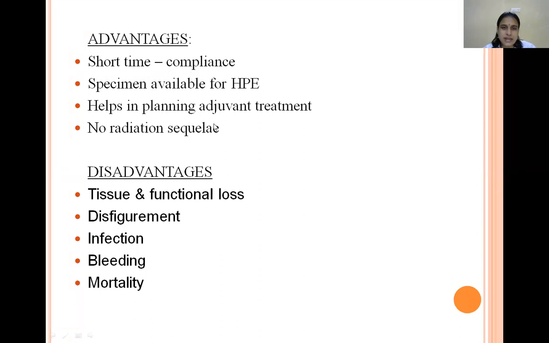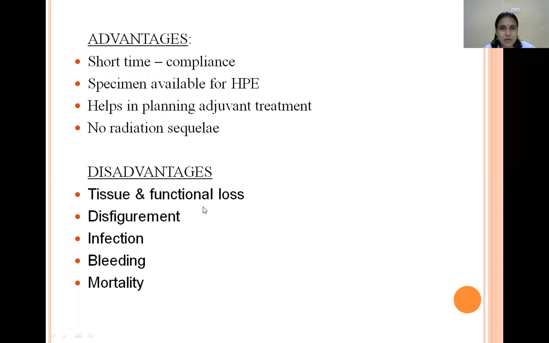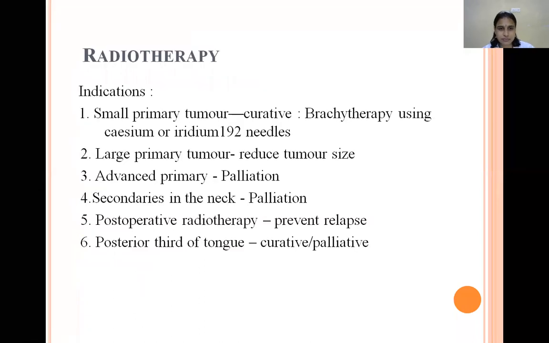It also helps in planning of the adjuvant treatment. There is no sequelae as in radiation and chemotherapy. So that is the advantage. But the disadvantage is obviously you are compromising on the function because of excision of the involved areas. There's disfigurement. There can also be additional bleeding, infection, secondary infection, and mortality.